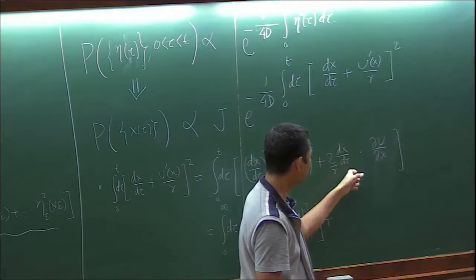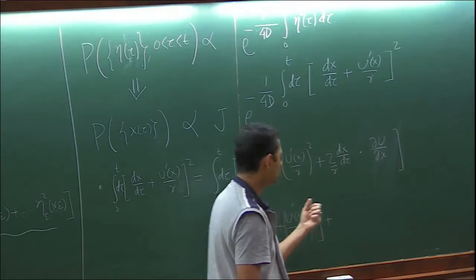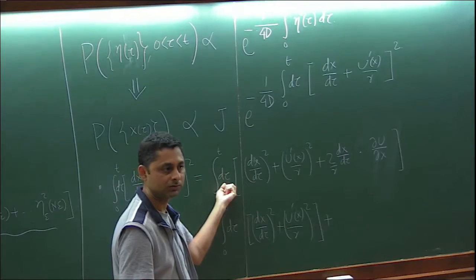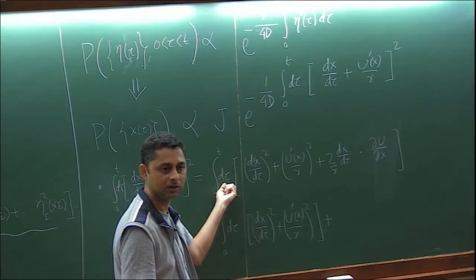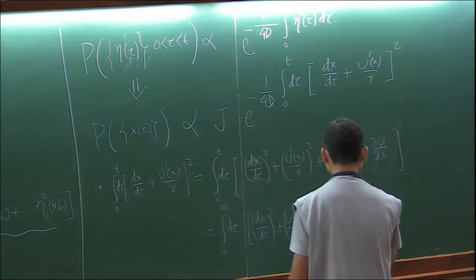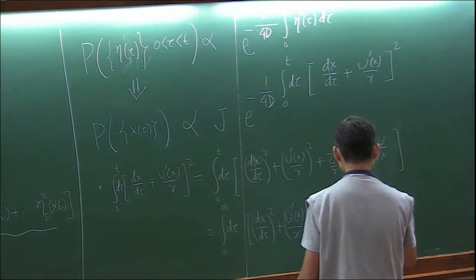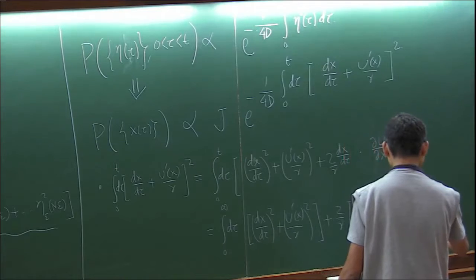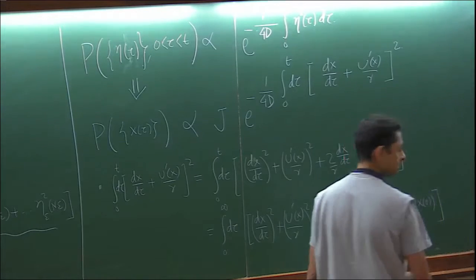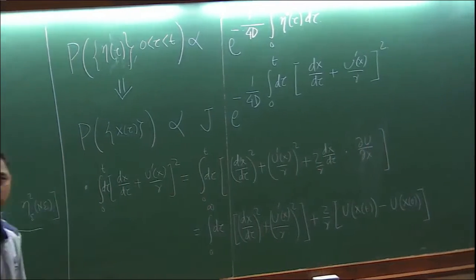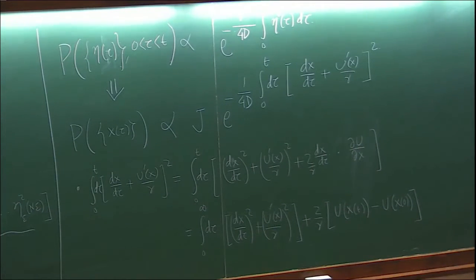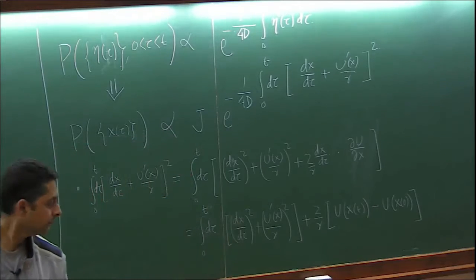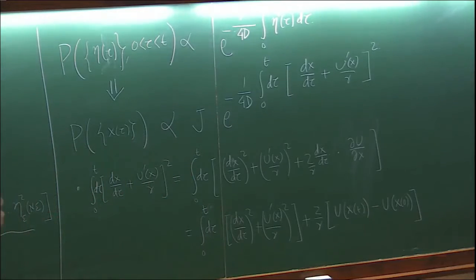This is an integral over tau, so I can carry it out, and it just gives me the boundary terms: u at x of t minus u at x of 0.